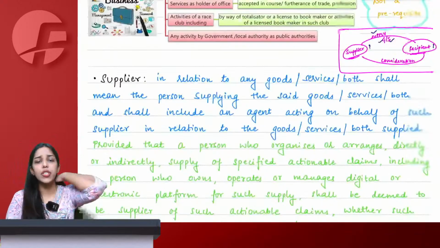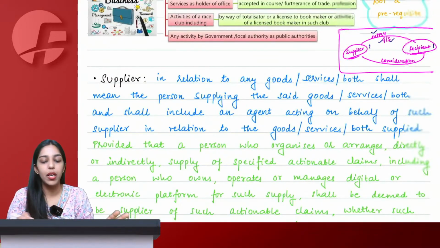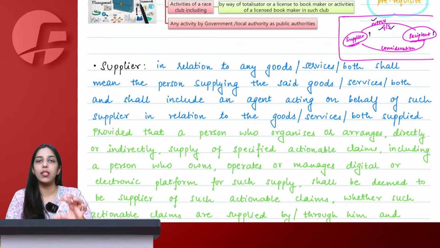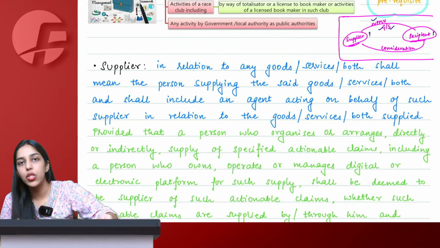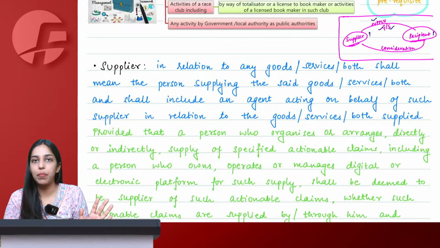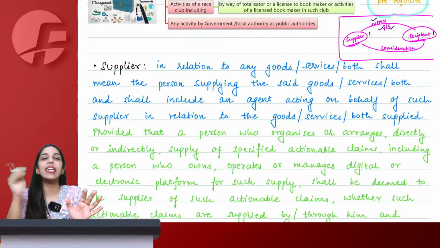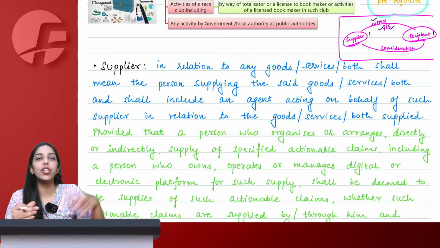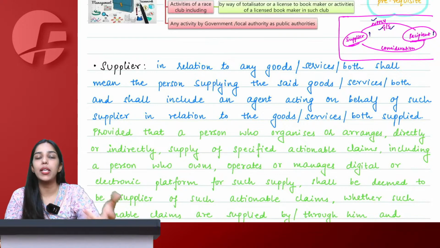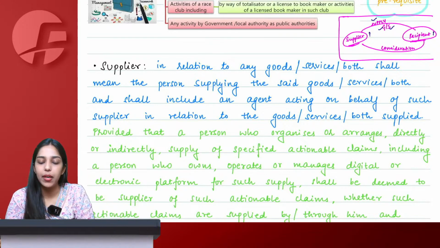The definition of supplier is very, very simple. Simply put, the person who is supplying the goods or services will be considered as supplier. Also, if I am acting as an agent on behalf of someone and supplying, I will also be considered as supplier only.